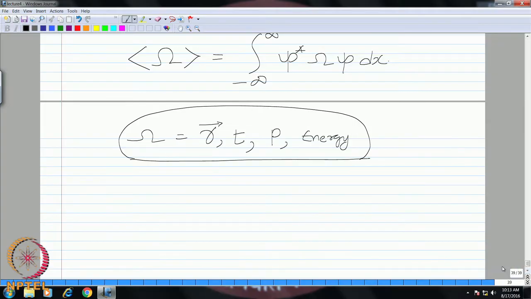So, these are called expected quantities, and especially these expected quantities become more probabilistic at very small scales, because the values themselves are very small. The values of energy or momentum are so small that you cannot estimate them with great accuracy the way that you estimate macro scale variables.